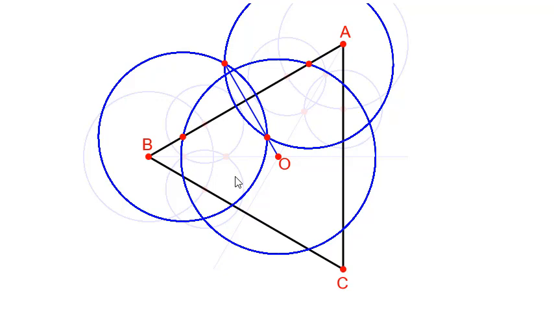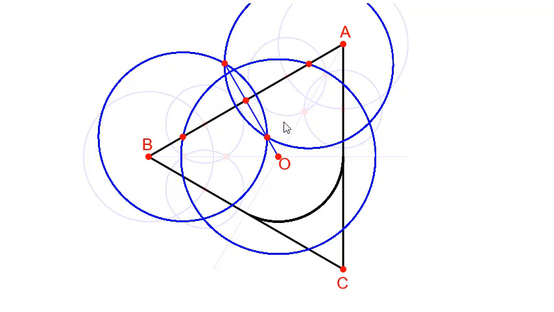Okay, so our construction is nearly complete. What we wish to do now is mark this point where this perpendicular line cuts the side of our triangle. And finally, we're going to draw a circle centered around the point O, and the radius of this circle will be the distance from our point O here to where our line intercepted the side AB of our triangle.